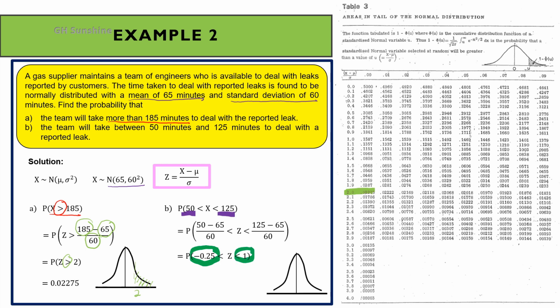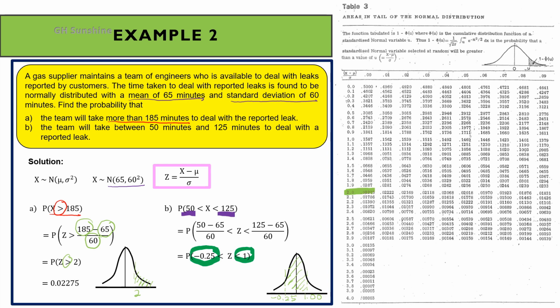You can draw the shaded region. So 1 is to the right, here 1.00, and negative 0.25 is on the left side. The shaded region is between these two values.